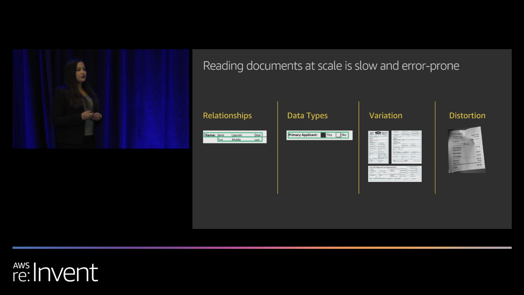It is difficult to capture the different types of data that exist within your documents. There are variations between what are seemingly similar forms, but are not really from a document understanding perspective. And finally, there is distortion between the time a document was created and how it was captured.